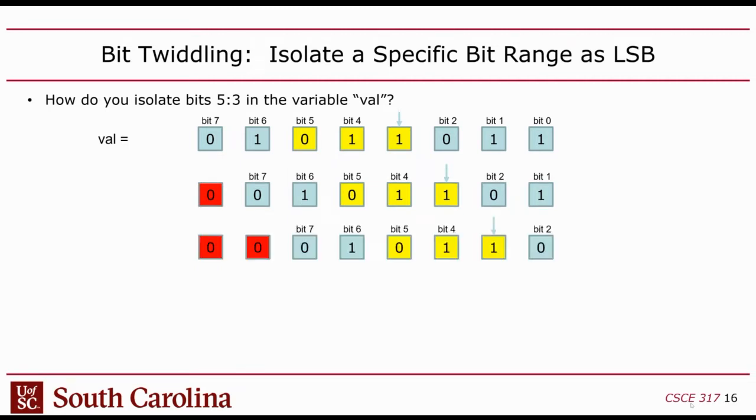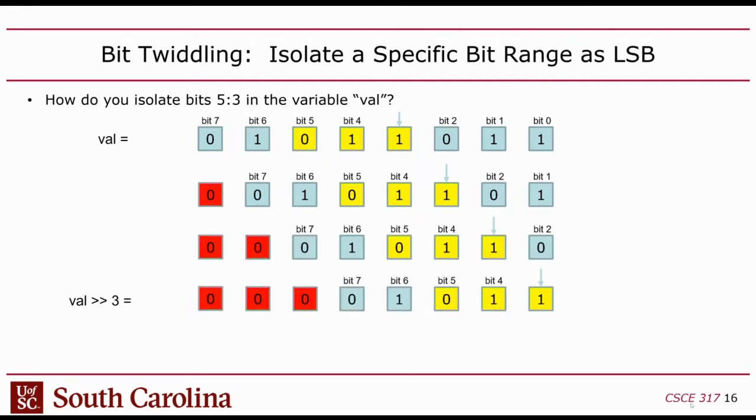And then also, if I want to apply this to a range of bits, then I would shift right by the number of bits corresponding to the right number in the range. So generally when you represent ranges of bits, you put the larger number on the left and the smaller number on the right. So 5:3 means that the left bit is bit 5 and the right bit is bit 3.